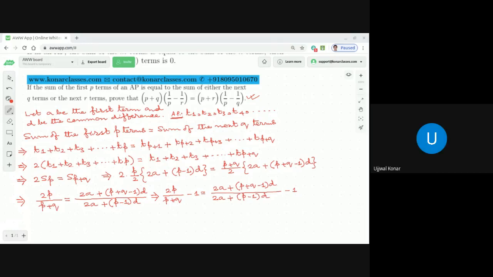Okay, now let's simplify it. So if we simplify, in the left hand side, what are we going to get?